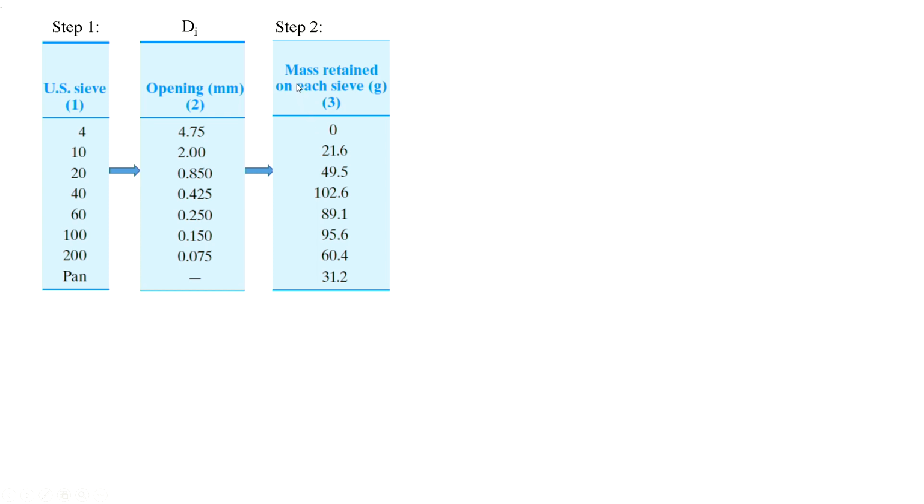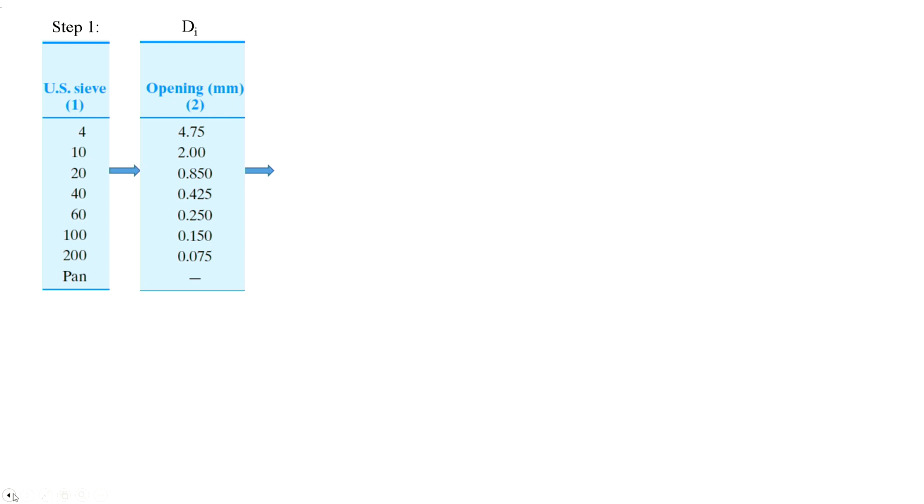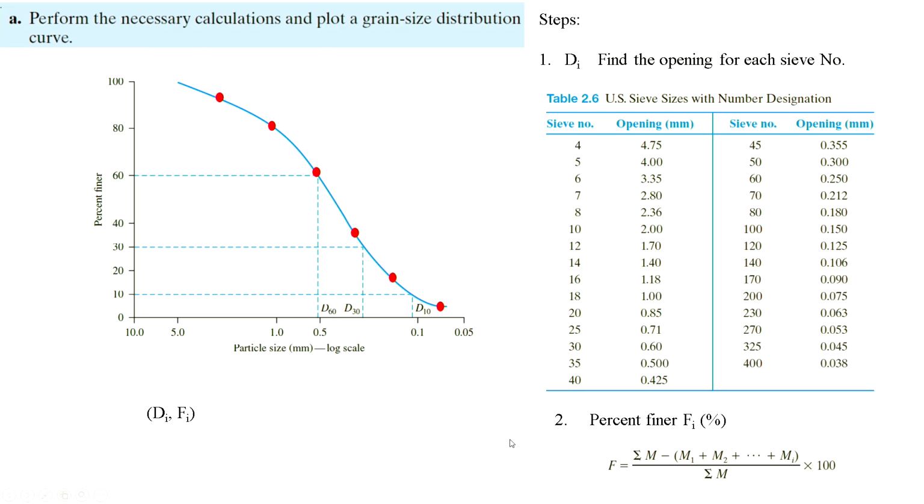And then we know the mass retained on each sieve, this is what we got from the problem. But in here, we need to calculate first the accumulated mass retained above each sieve, because we need to use this equation, right? First, we need to calculate accumulated mass retained above a sieve.